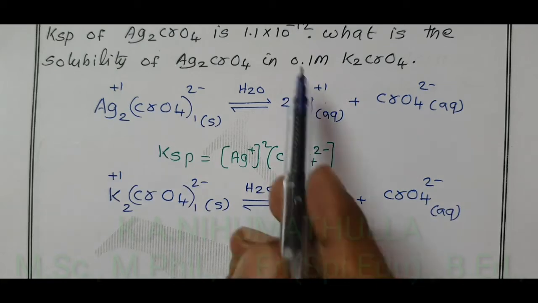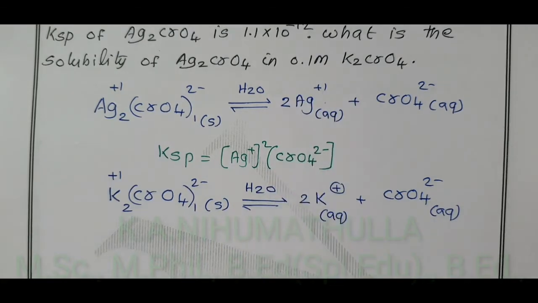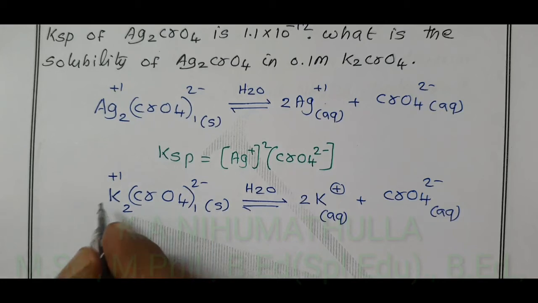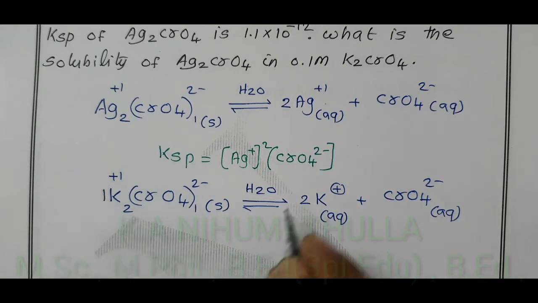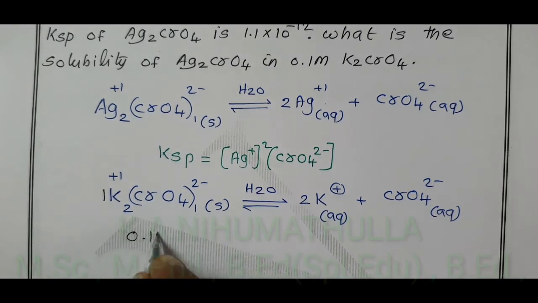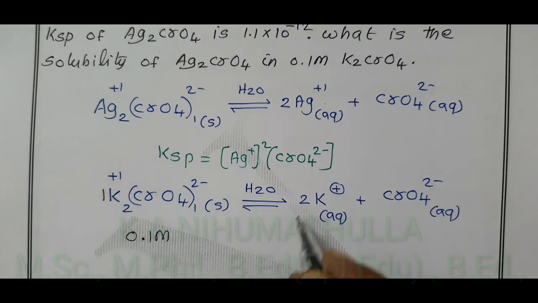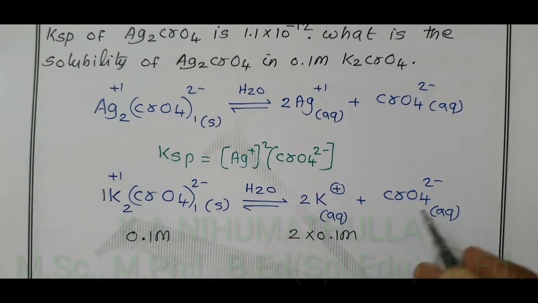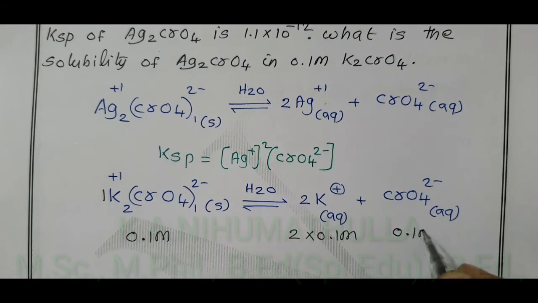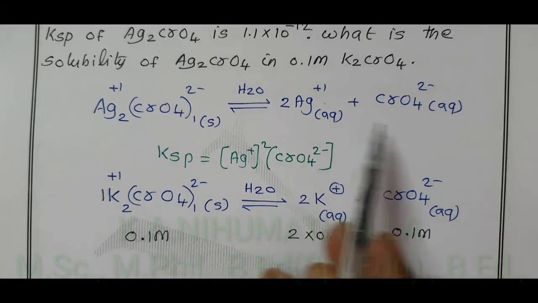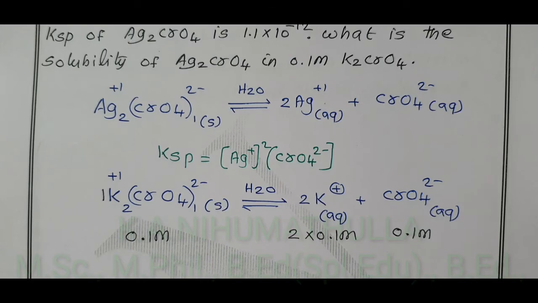Now the concentration of potassium chromate is given, that is 0.1 M. The stoichiometric coefficient of the number of moles of K2CrO4 is given, 0.1 M in our problem. Here number of moles 2 into 0.1 M, chromate 0.1 M, that is equal to 10 power minus 1. Silver plus and chromate minus.